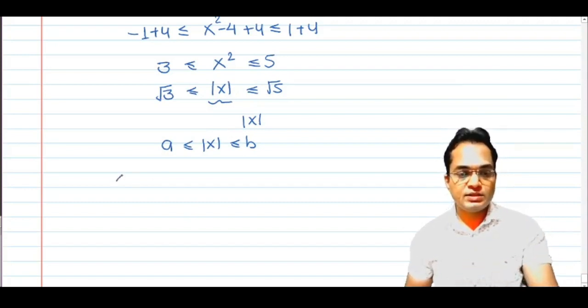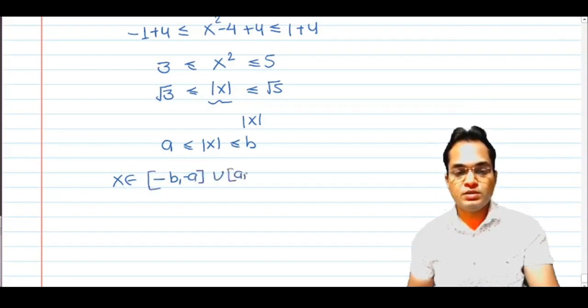The answer is x belongs to -b to -a union a to b. By this method you can say the answer will be -√5 to -√3, yes or no?